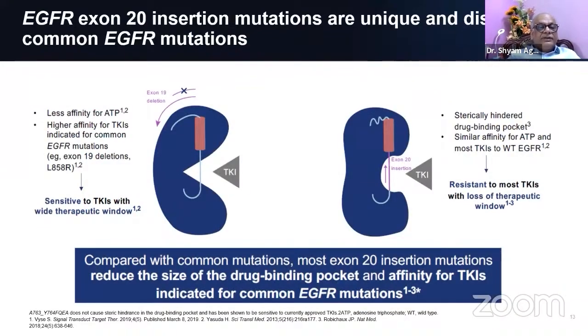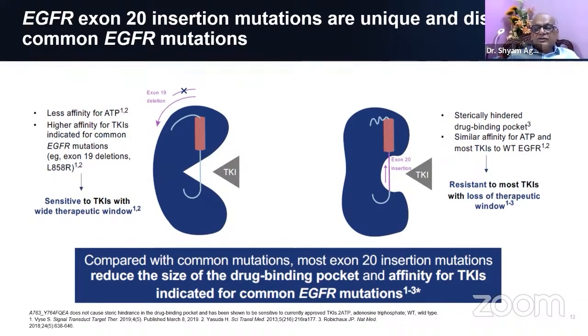So basically, the exon 20 insertion leads to a reduction in the size of the drug binding pocket and the affinity for TKIs indicated for common EGFR mutations. So you can see the difference in the pocket where the TKI is supposed to bind. It's different between the two, whether the patient has a deletion or an L858R.